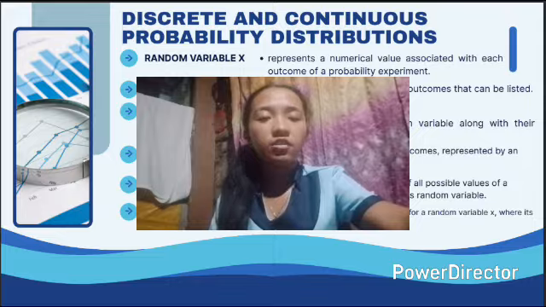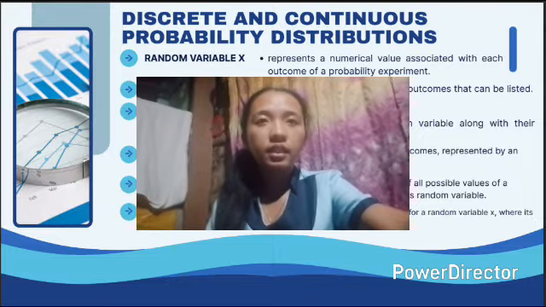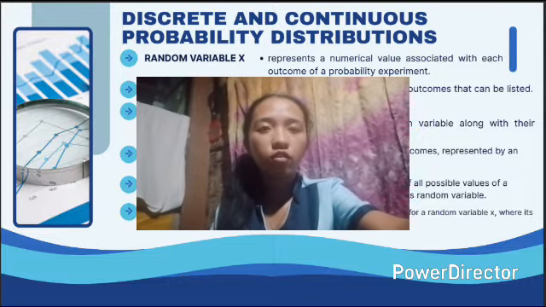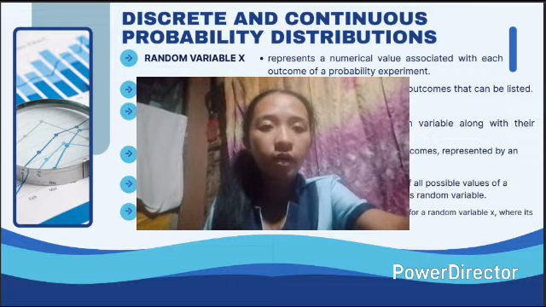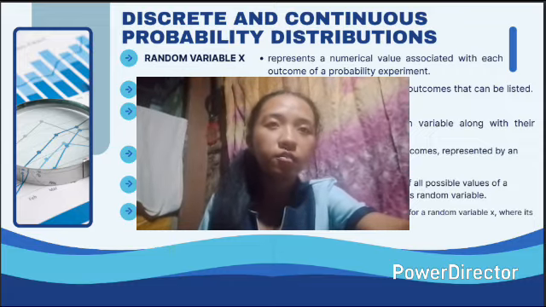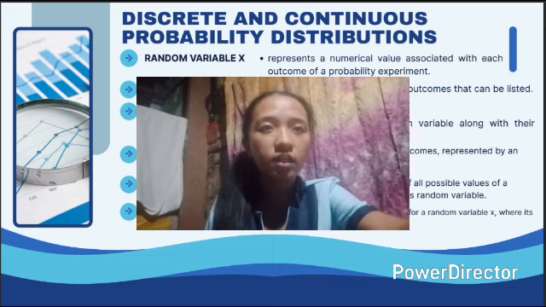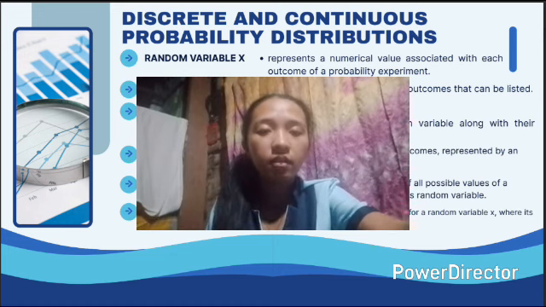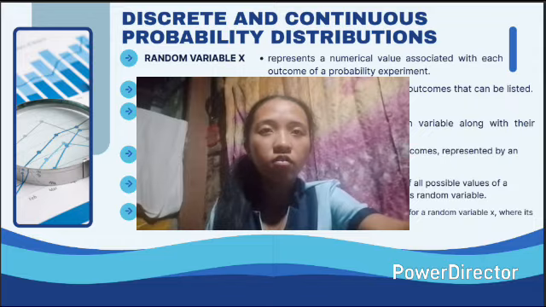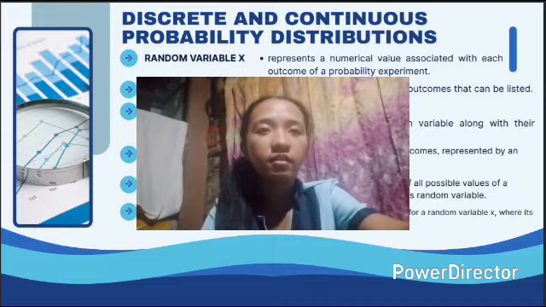Next is the discrete and continuous probability distributions. So first is the random variable x. It represents a numerical value associated with each outcome of a probability experiment. Then discrete. Discrete has a finite or countable number of possible outcomes that can be listed.